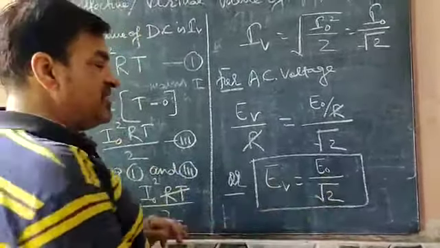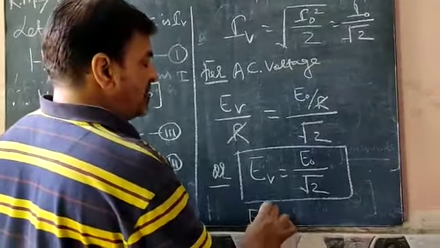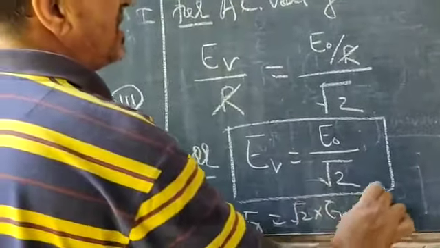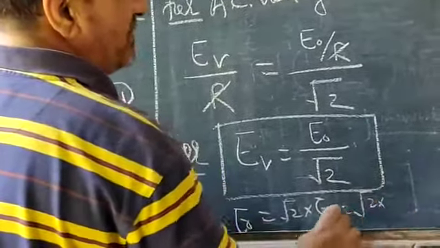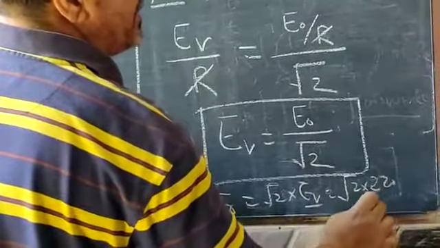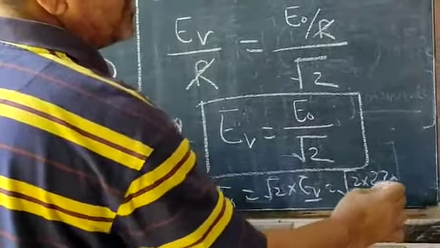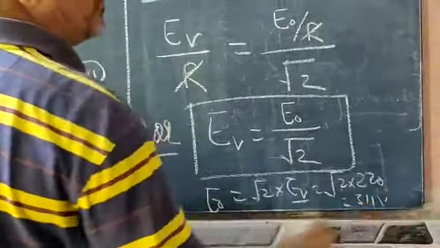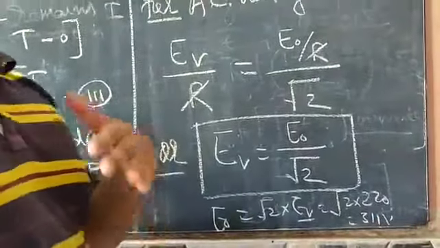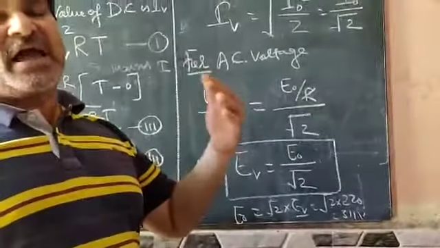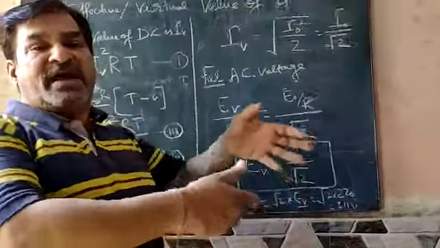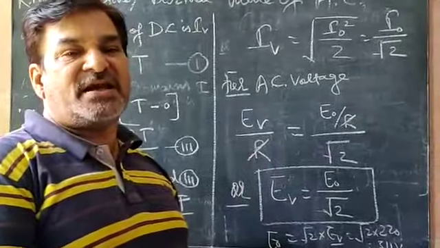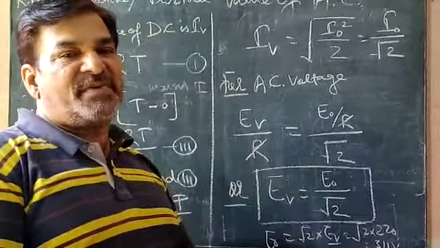This peak value E naught is root 2 times E virtual, that is root 2 into 220, which comes out to be 311 volt. So 220 volt and 5 ampere, the values used for domestic electrical supply in India, are RMS values.